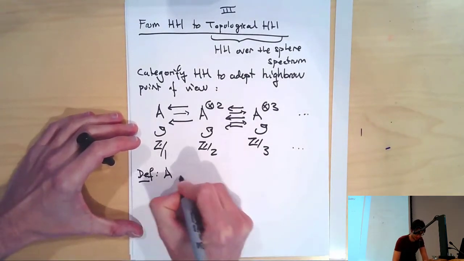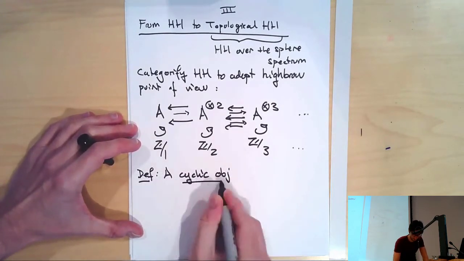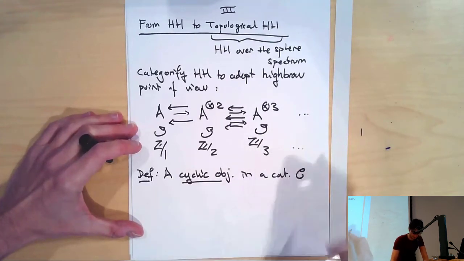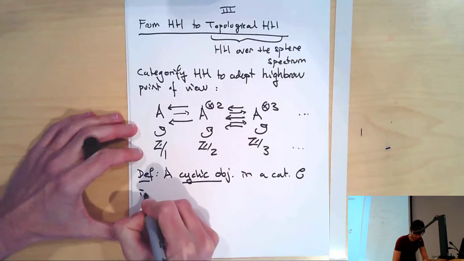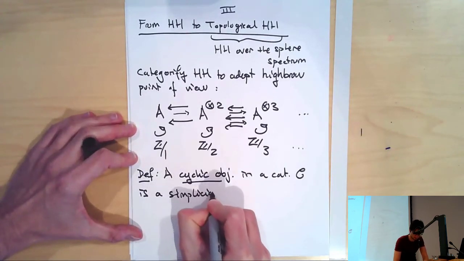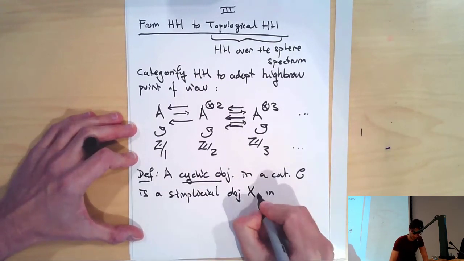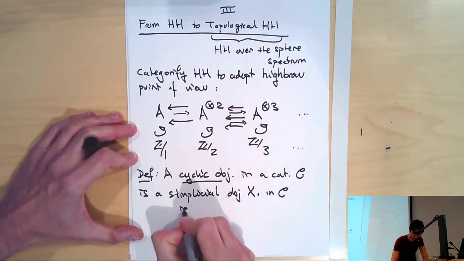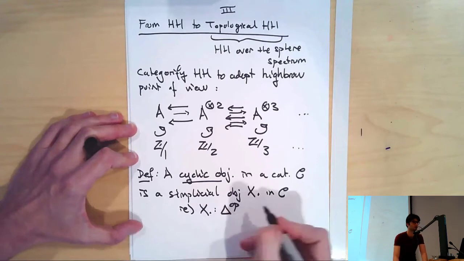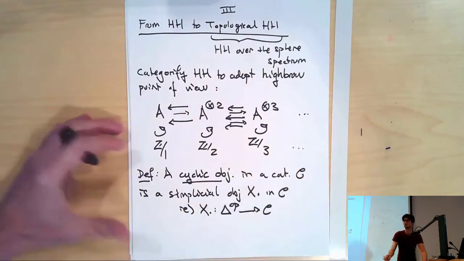So we say that a cyclic object, well, let's say in any category, is the following data. It's a simplicial object, first of all. Let's call this X blob in C. So that is to say, we'll call it simplicial objects. That means I've got some functor from Delta op, where Delta is the simplicial category, to C. That's how we categorify simplicial objects.